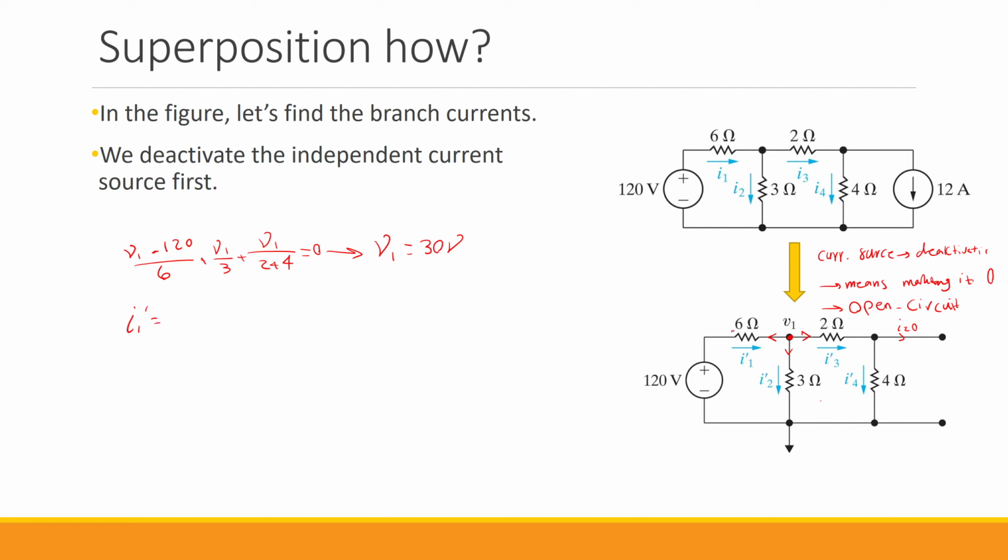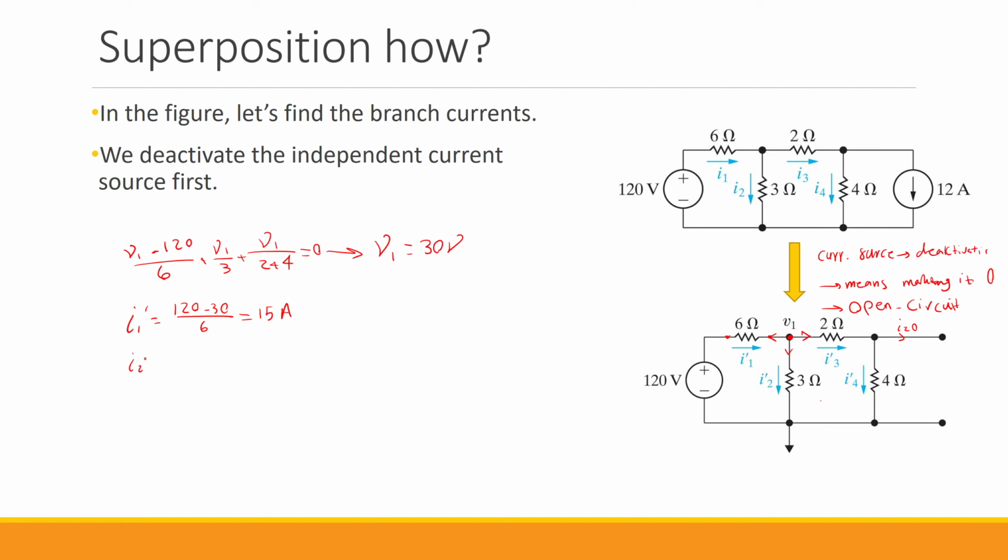I1 prime is the current that goes from this terminal to this one. So it's going to be 120 minus V1 divided by 6. So 120 minus 30 divided by 6, which is going to be 15 amps.